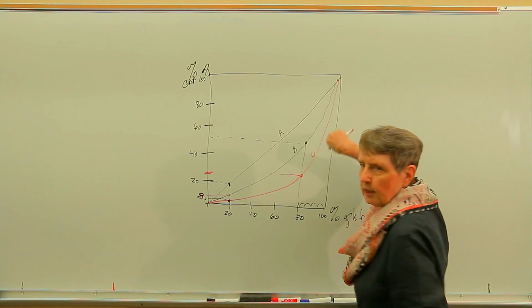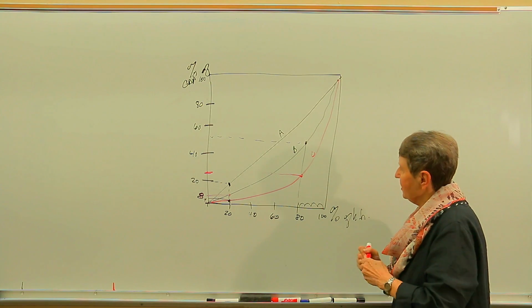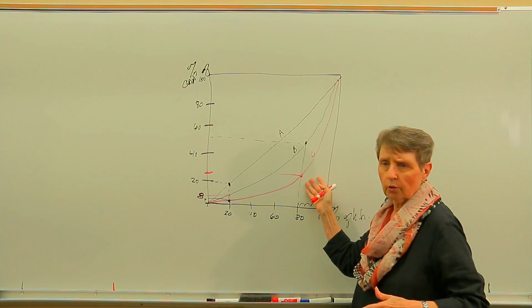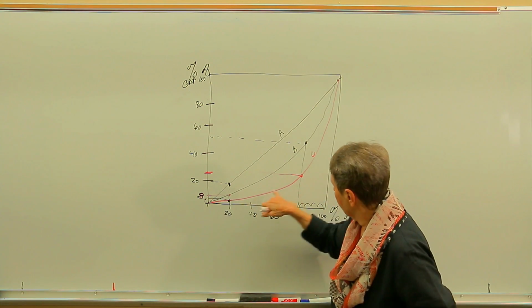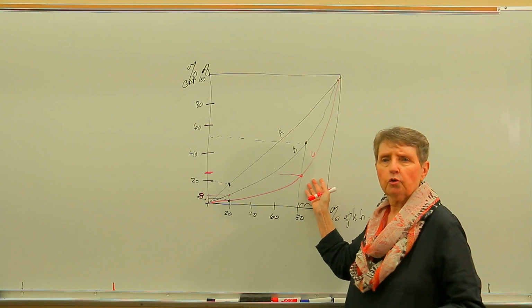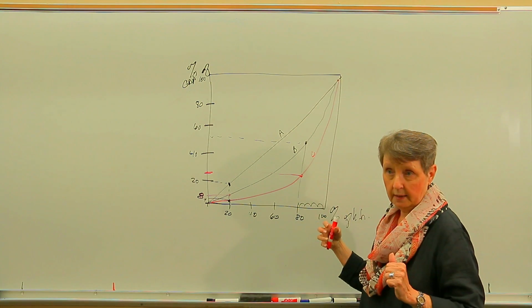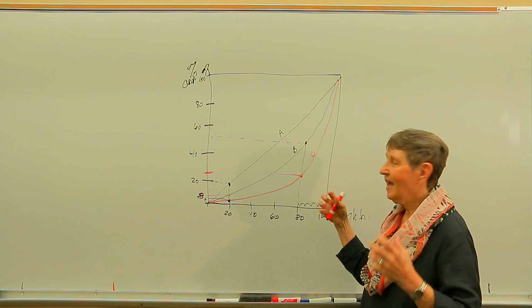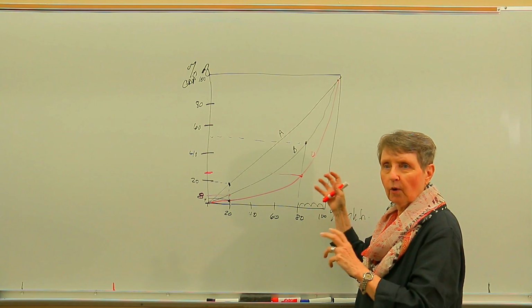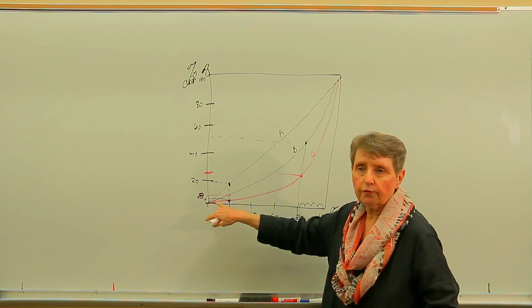This is very unequal. And so if the government says what we would like to do is help these poor people out in economy C, what we could do is introduce a progressive income tax, which takes at a higher rate from rich people than it does from poor people.